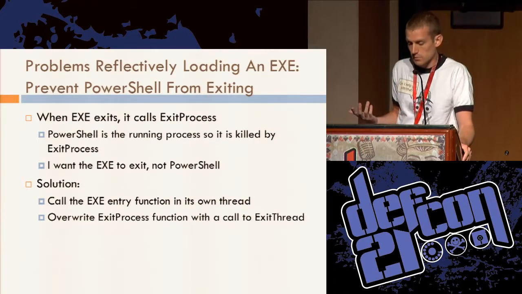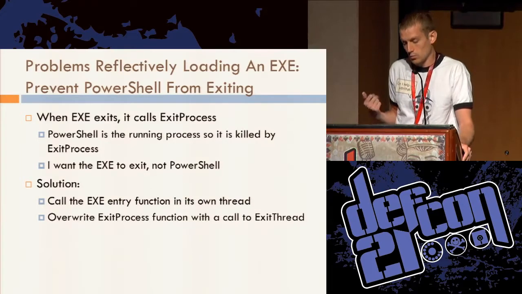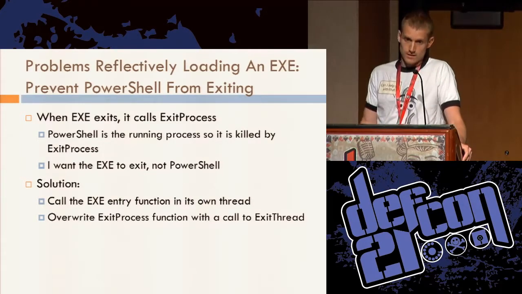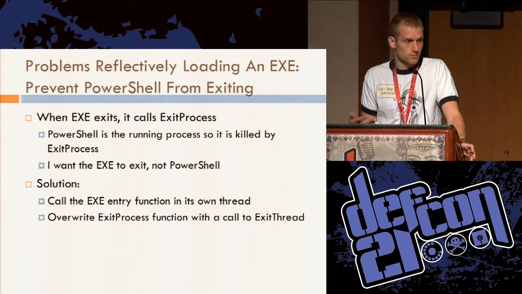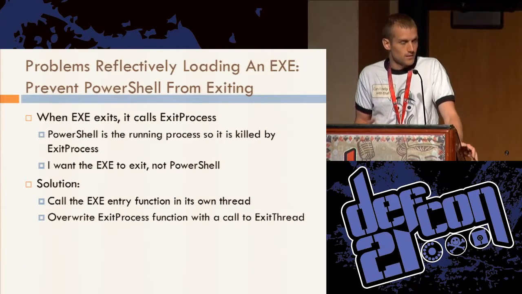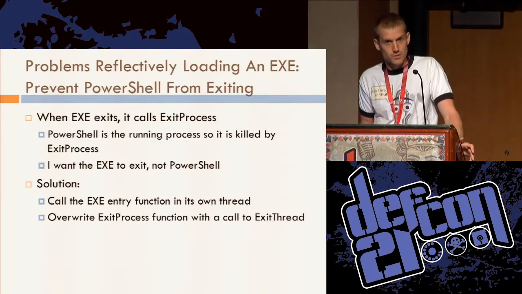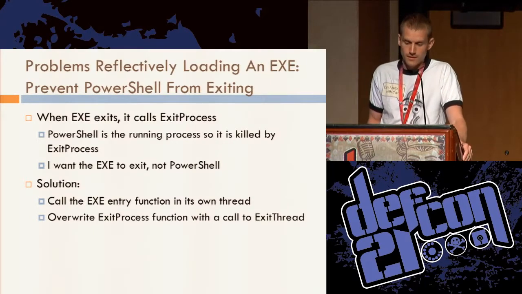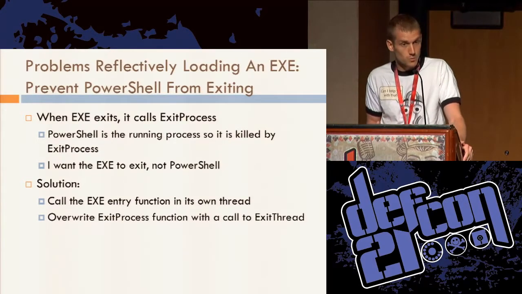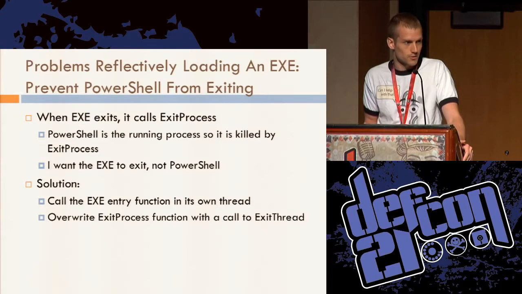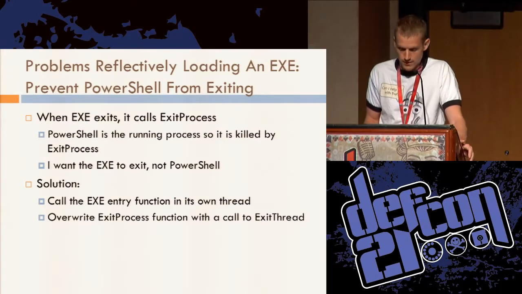So as an example, normally when an exe exits, so the exe that you reflectively loaded runs and quits, it's going to call ExitProcess because it thinks everything is done. But the problem is that that's actually going to kill the PowerShell process because that's the process that's actually running. And that's not ideal because you probably wanted to see the output from the exe that you just ran, and if PowerShell just dies you can't.